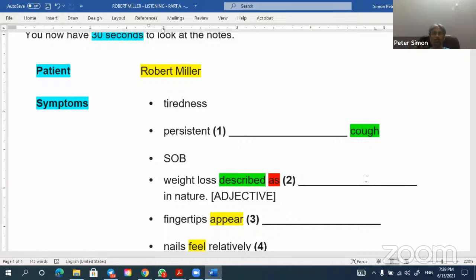Mostly. Don't say always. There are exceptions to every rule, but let us see the normal style. So persistent is an adjective, cough is a noun, and the blank is in between. So here you will definitely get an adjective. There is no doubt regarding that one.